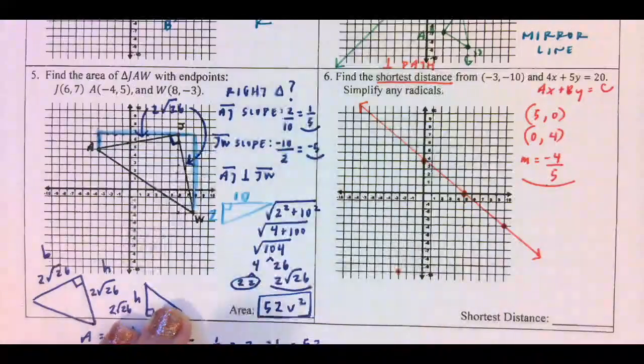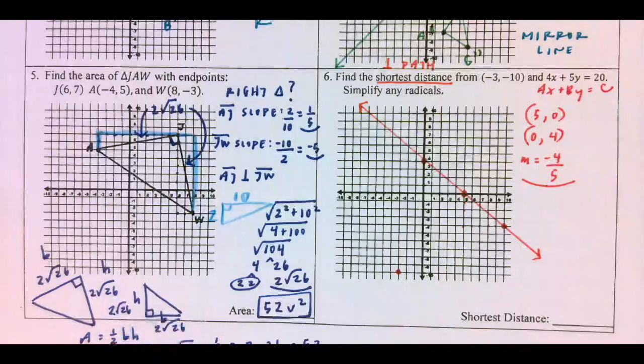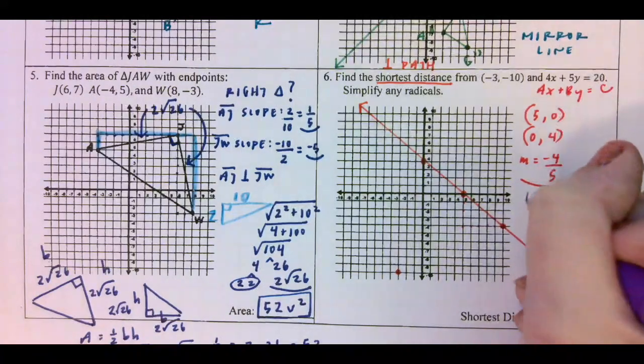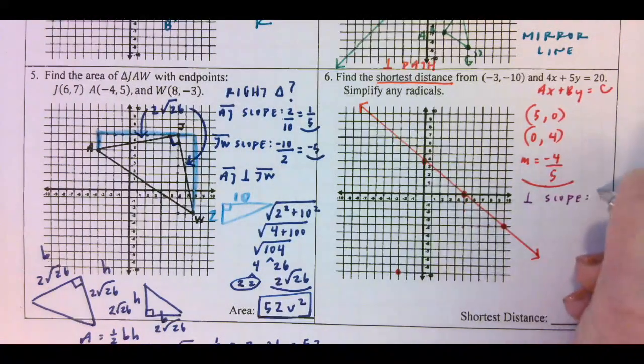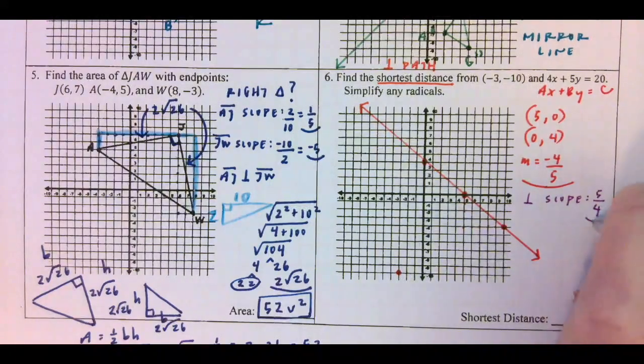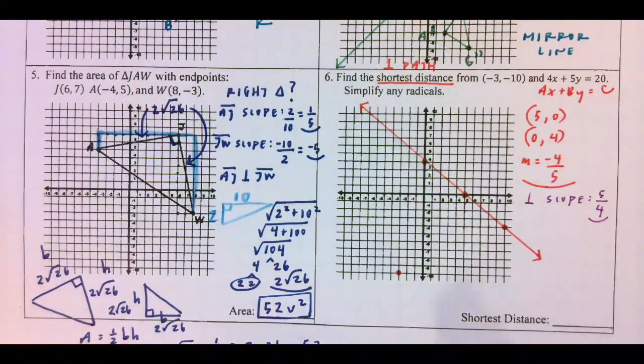So I have my point, I have my line, and now I need that shortest distance that connects them, which I know is the perpendicular pathway. So my perpendicular slope is the opposite reciprocal, so 5/4.